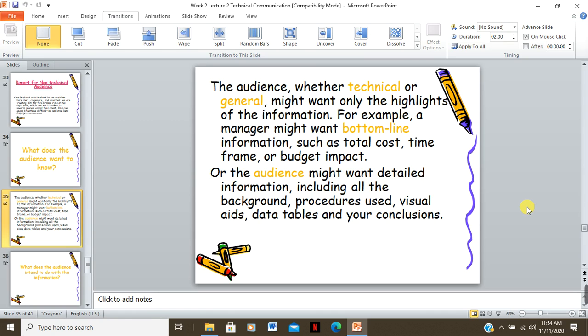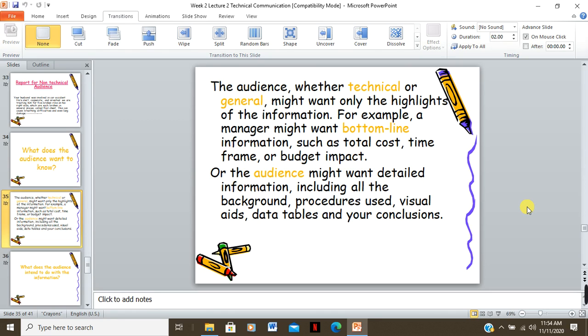But if you have to give the same presentation to some shopkeeper, then you will be using a different, semi-technical way of communication. And if you are to give it to the layman, common people, then your audience needs to have detailed information including all background procedures used for that device that you have made as an engineer.